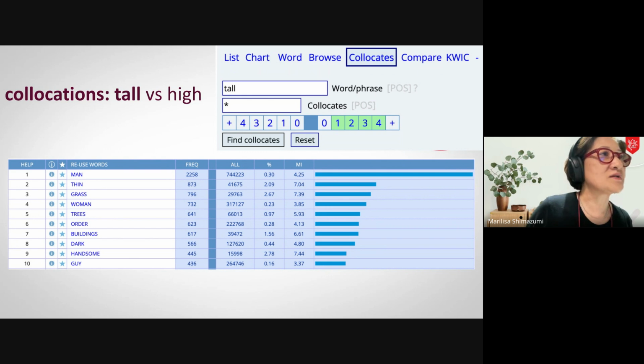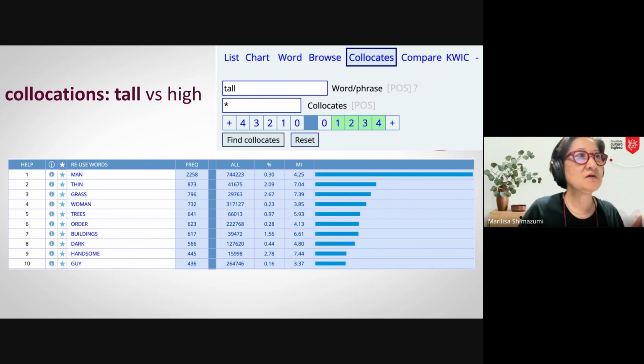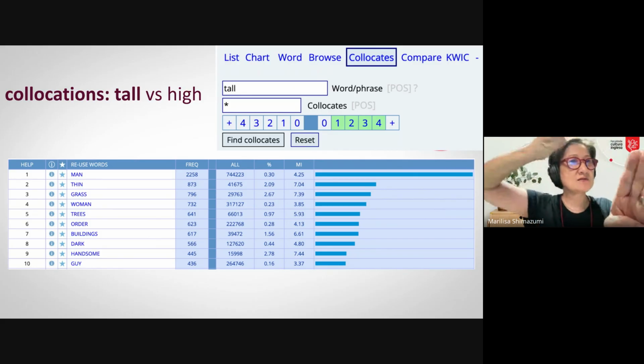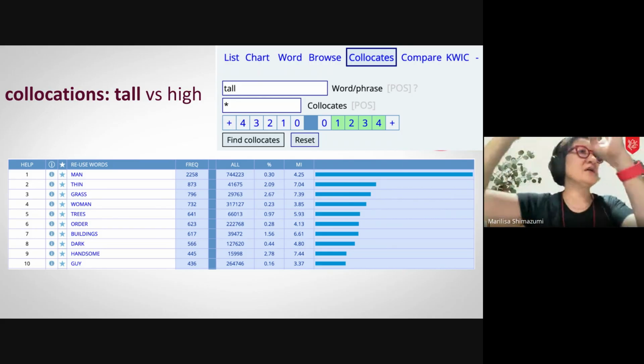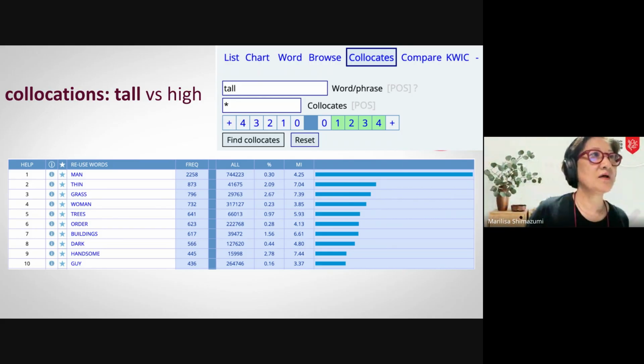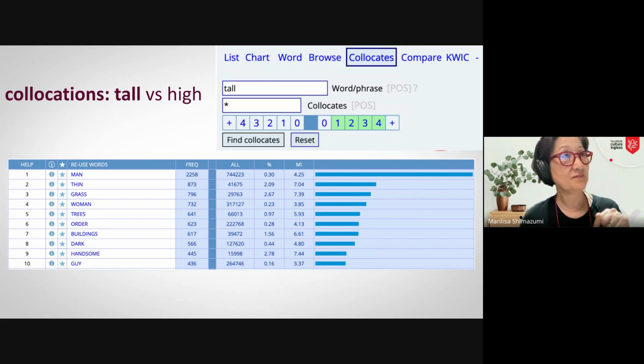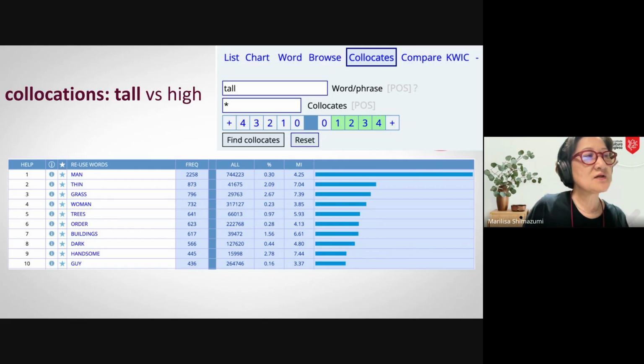This is a bit odd. We don't know, but we have tall, it's a series of adjectives. Tall, thin, man, most probably. Tall grass, tall woman, tall trees, a tall order. So you have idioms there. Tall buildings, a tall, dark, handsome guy.